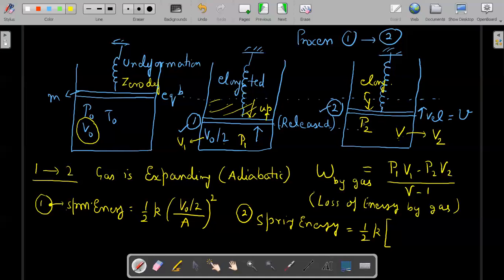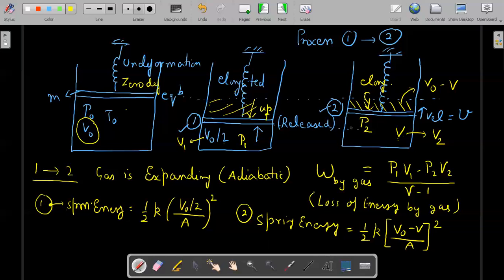And this elongation length, for that you have to find out this volume. And this volume will be capital V naught, which was the original volume, minus this existing volume V. So it is V naught minus V divided by area, and square of that. So this is my spring energy at point 1 and then spring energy at point number 2.